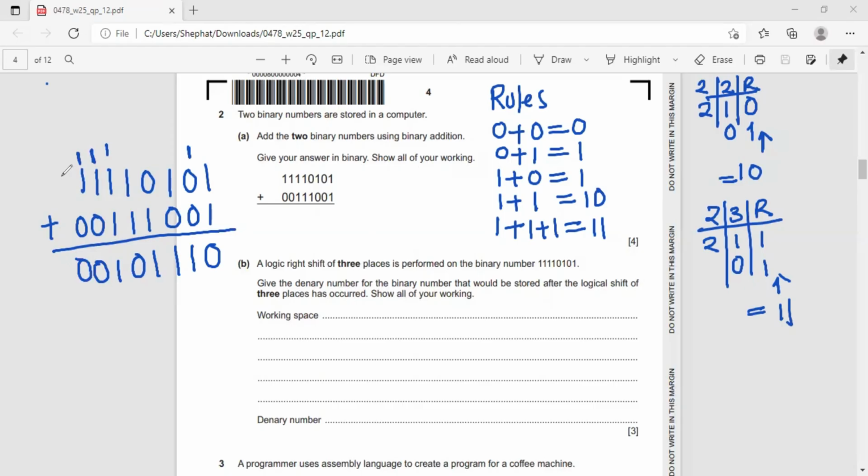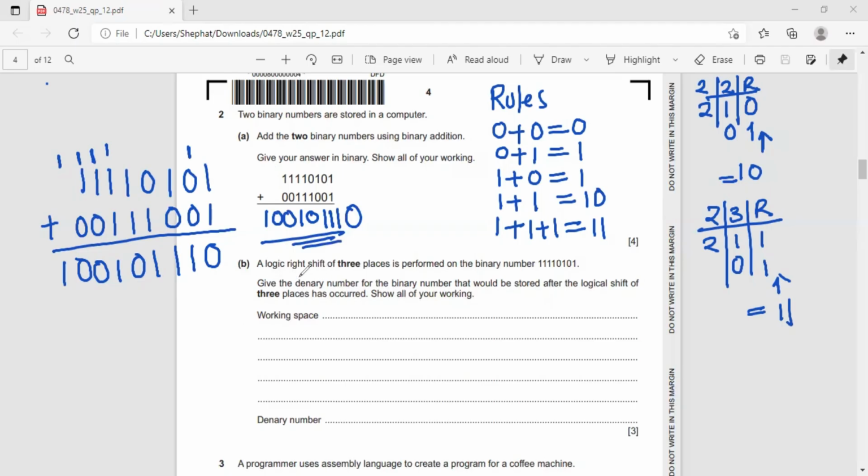Then you carry a 1, which you put here. Then 1 plus 0 is 1. So when you add this, you are going to have 1, 0, 0, 1, 0, 1, 1, 1, 0 in binary.